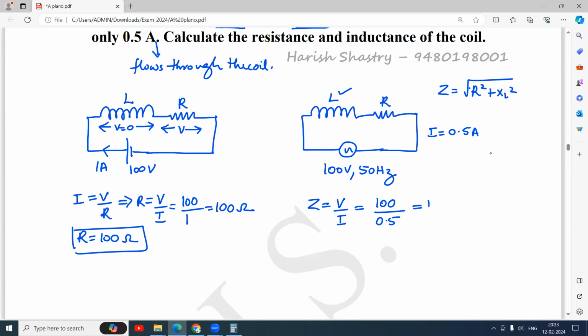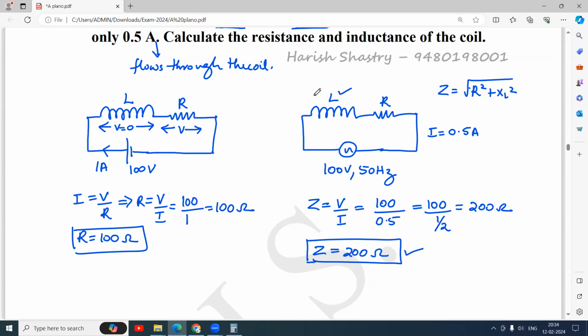So 100 divided by 1 by 2 comes to 200 ohm. The impedance Z is 200 ohm. Impedance is the result of both inductive reactance and resistance.